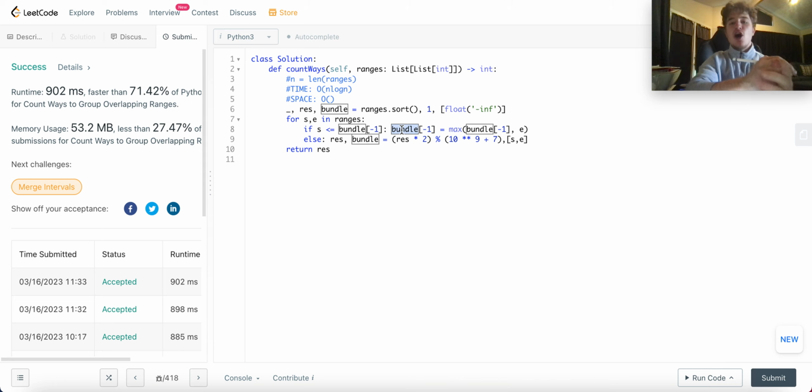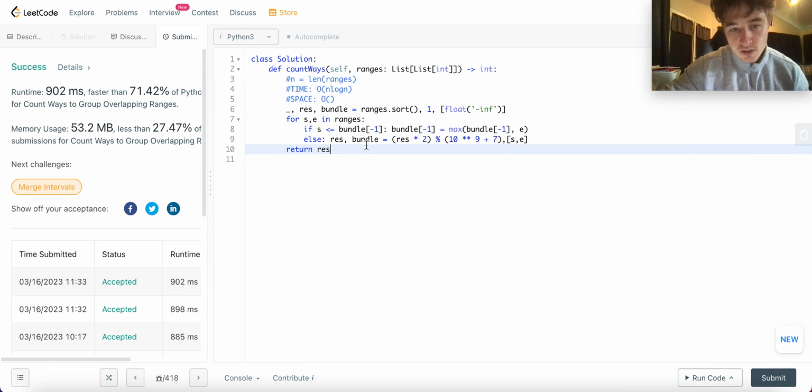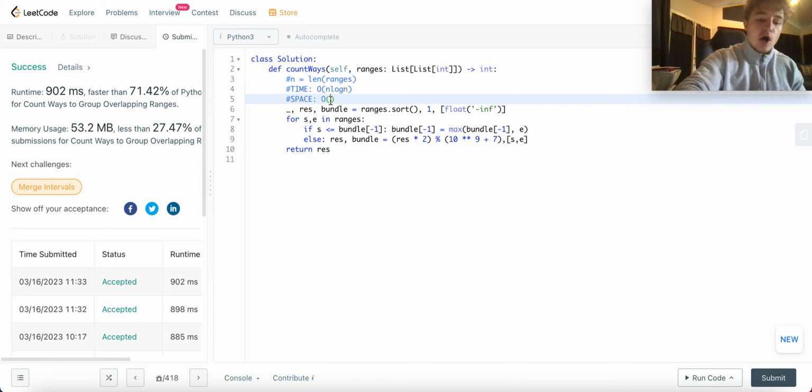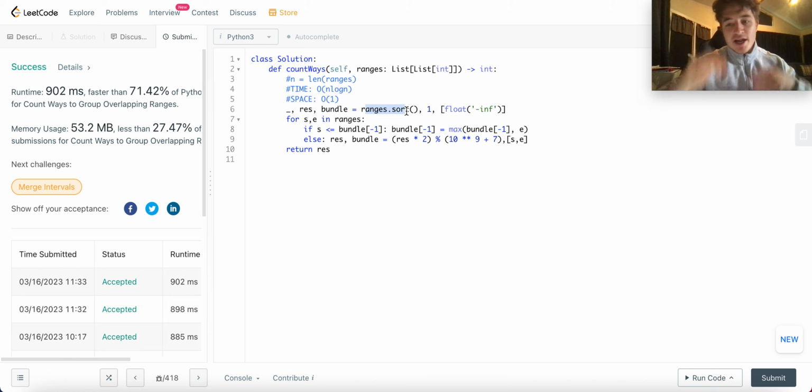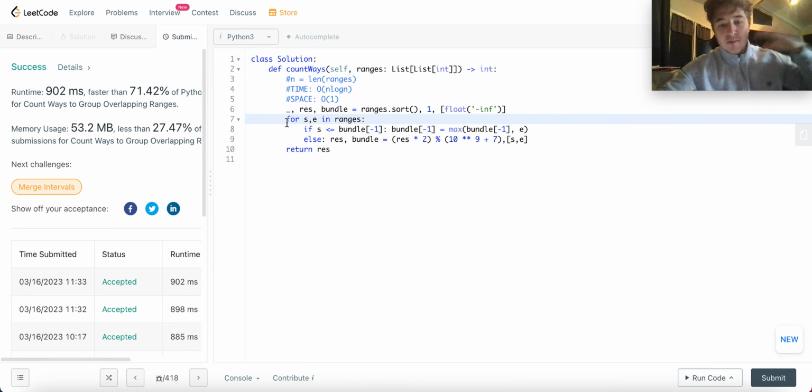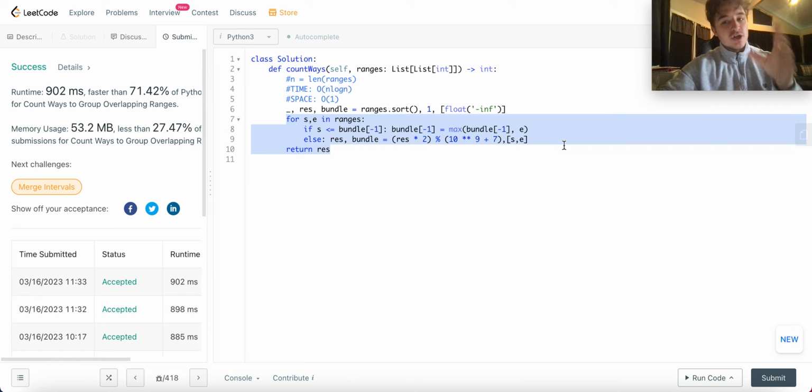We don't need to know the boundaries of each bundle. We just need the total number of bundles so that we can calculate the total number of placements. So that would be O of 1, because if ranges is 10 items or 1,000,000 items, in-place sort will operate independently in terms of the amount of space that it uses. And regardless if I have 10 items or 1,000,000,000 items, I'm always just looking at one bundle.